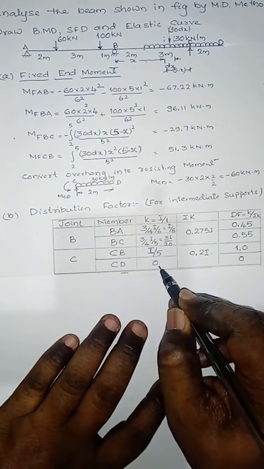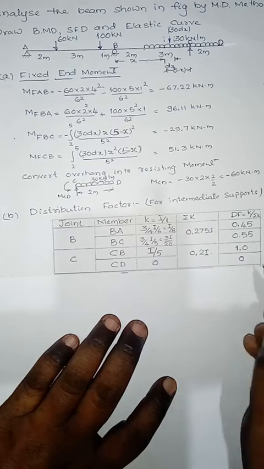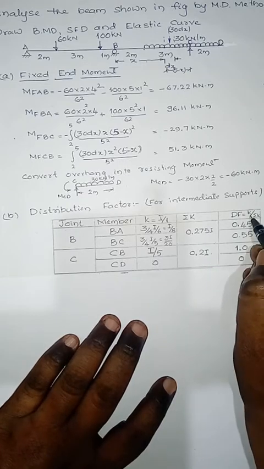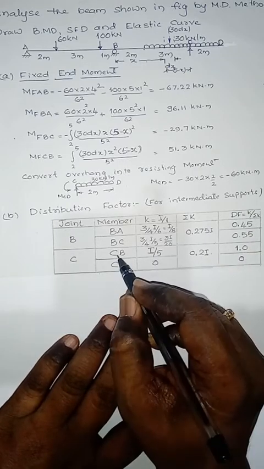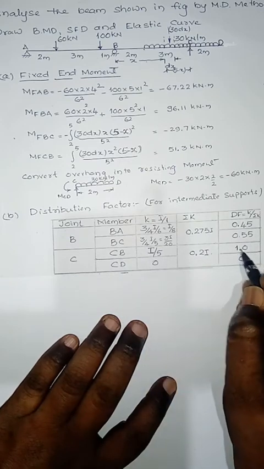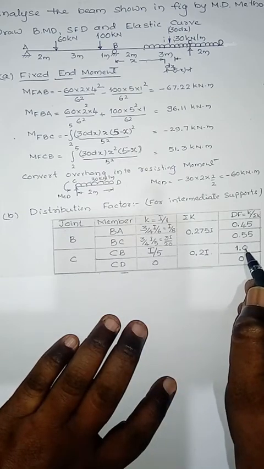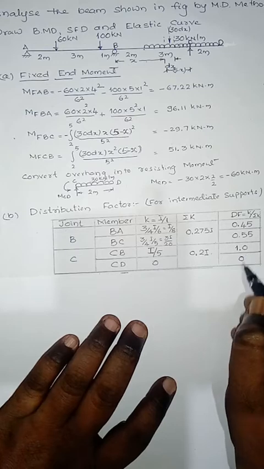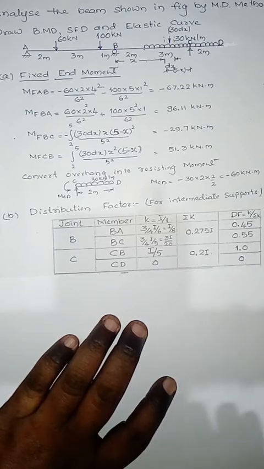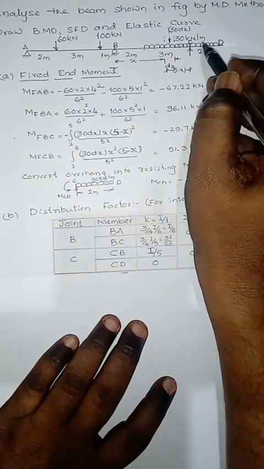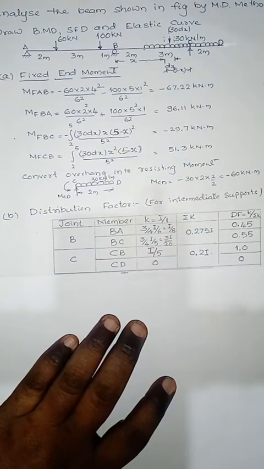Summation K is I by 5 plus 0, that is 0.2I. The distribution factor for CB is K divided by summation K, that is 0.2 by 0.2, which is 1. For the overhanging portion CD, there is no distribution factor, that is 0.